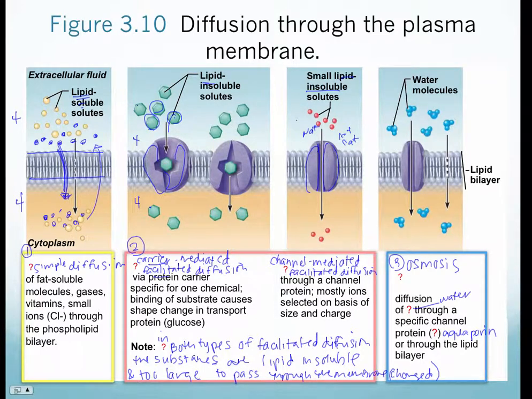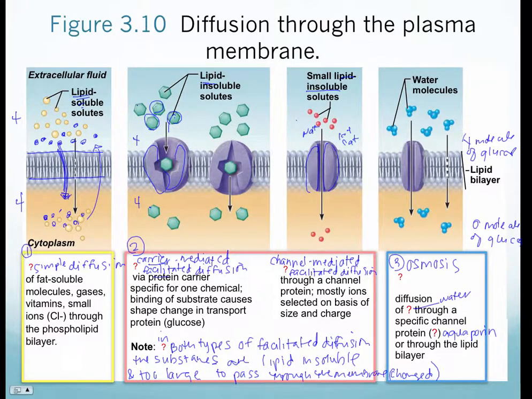Now with water molecules, let me just give you an example. Let's say that we don't even look at these other protein carriers or channels, and we have 4 molecules of glucose outside of our cell. Inside the cell, we have 0 molecules of glucose. Water will always go to where there's a higher concentration of solutes or molecules.